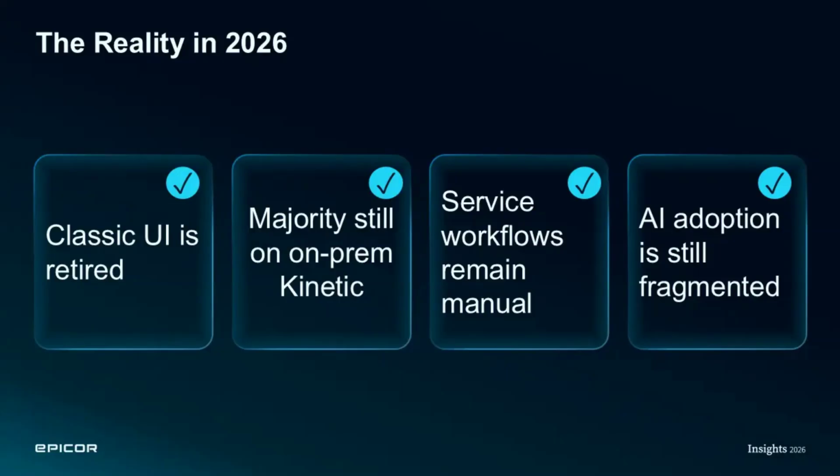People are in all different states of adoption. But the fact is, they have announced the retirement of classic UI. It does impact most of the on-premise users for sure.